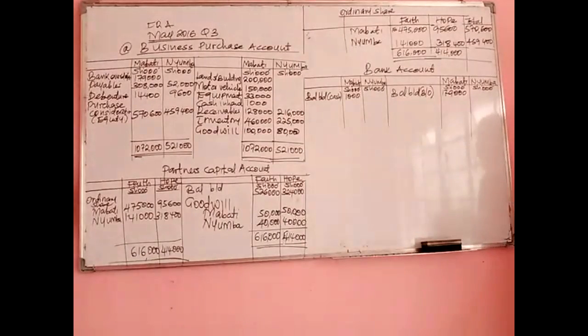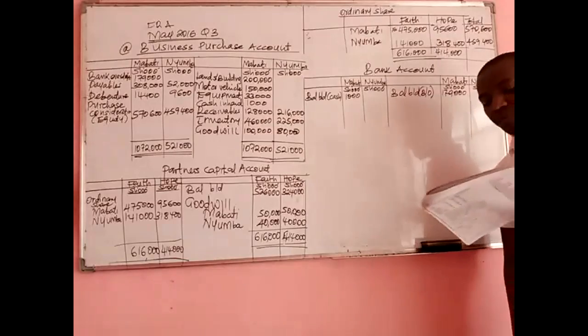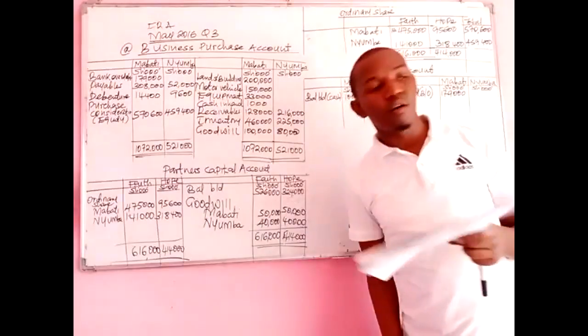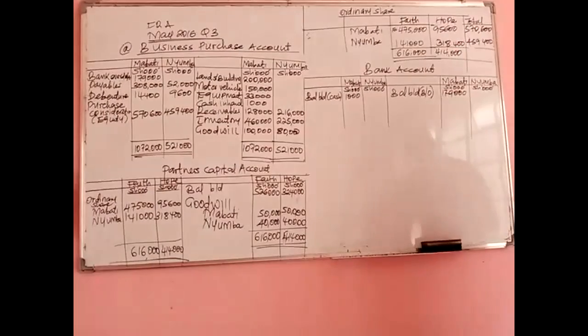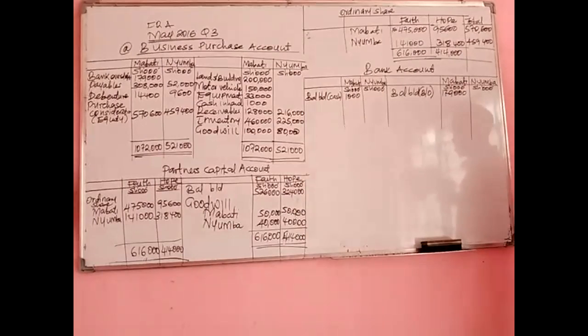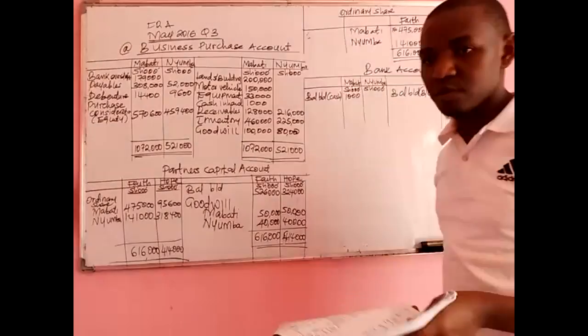So now let's go to additional information. Tunaangalia only the additional information that will affect the bank. Tuende kwa additional information number 3. Mabati also raised 12% debenture of 200,000, on 1st January 2016.